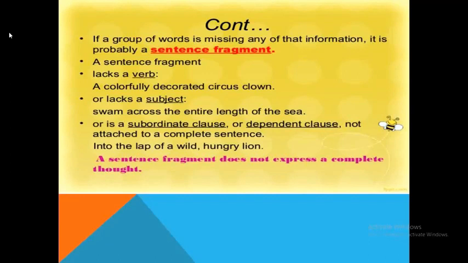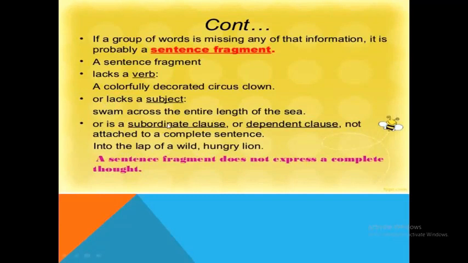Or a fragment lacks a subject. Swam across the entire length of the sea. Now here we do have a verb, that is swam, but we don't have any subject, that is, who swam across the entire length of the sea. So it is missing, hence it is a fragment. Then any sentence will be a fragment when it is just a subordinate clause.